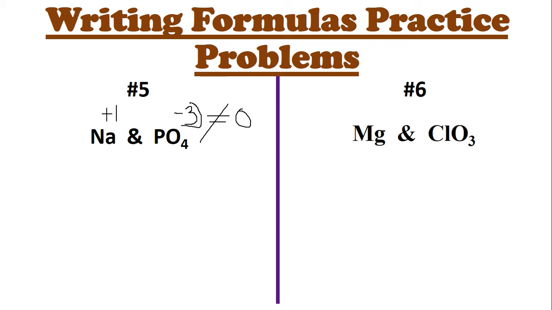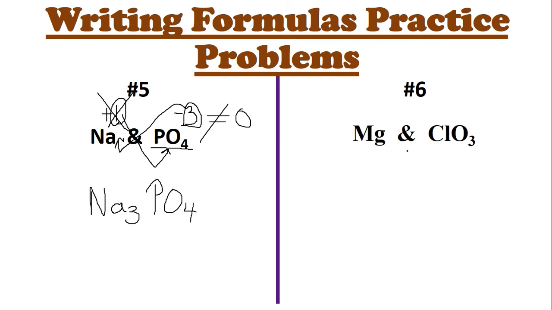So the 3, that means we cross. The 3 is going to go down to the Na. The 1 is coming for the PO4, the whole thing. When you write this, it's Na3. Chemists don't worry about the number 1. They don't exist. And so you just write PO4.